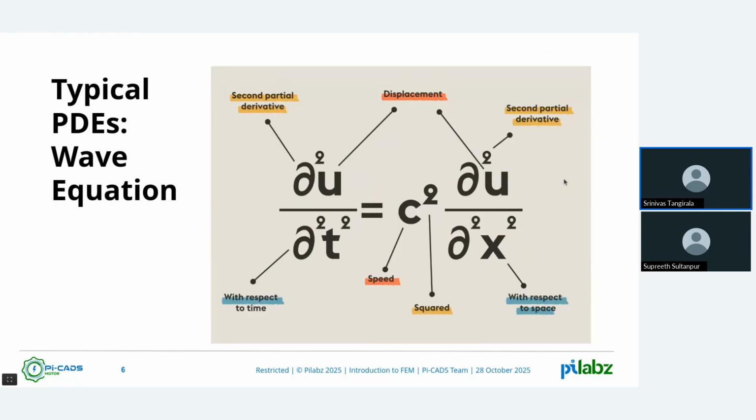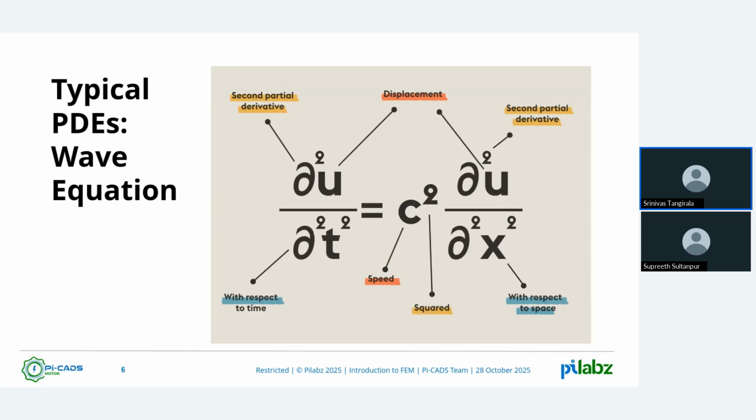So essentially what you need to understand is that partial differential equations, which are represented by dou, are used for representing two or more independent variables of a particular physical quantity. It could be a motion, or a magnetic field, or an electric field, or a stress kind of thing.